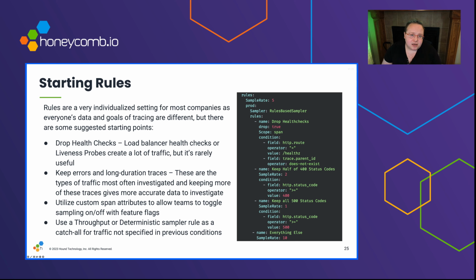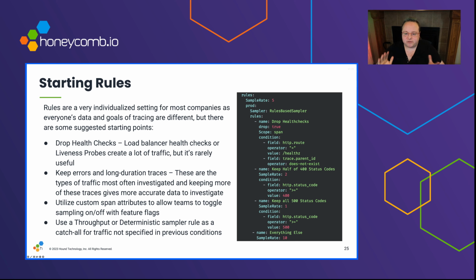We also recommend creating a custom span attribute that can be enabled with a feature flag or something in your code, and then you match that span attribute in your rules. So if you add a new service to your microservices, or there's new code, or you've done a major deployment, you can toggle that feature flag, which will create the custom span attribute, and then Refinery sees it and says, I don't want to sample those.